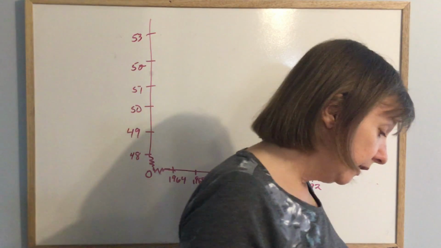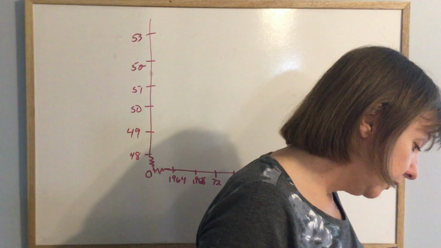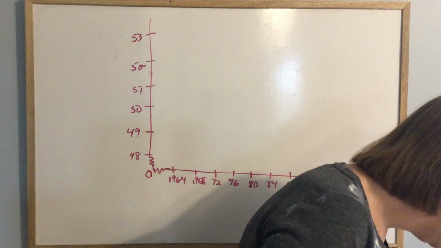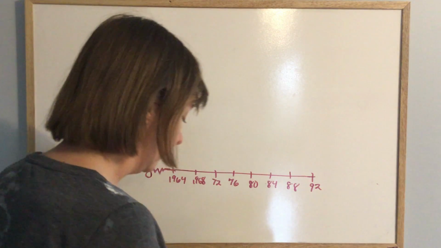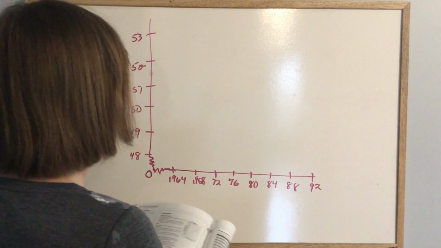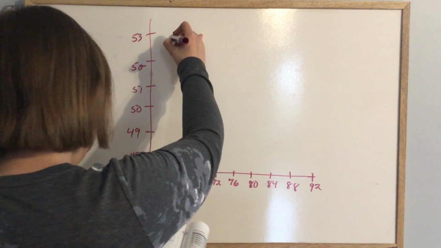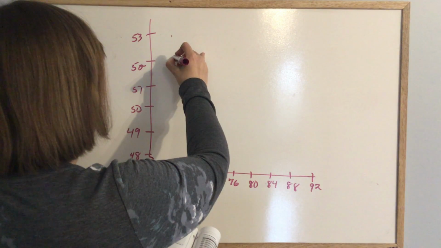Okay? And then they have a bunch of dots. I'm not even really going to pay attention to the table. I'm just going to put some dots here. 64 looks like it's close to 52.